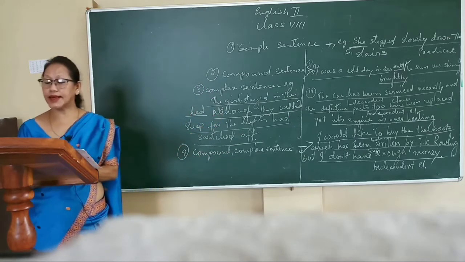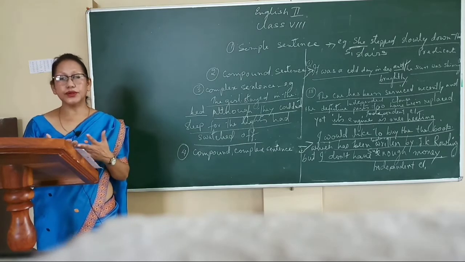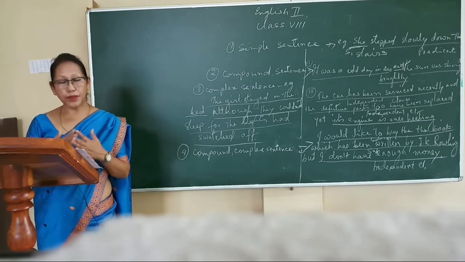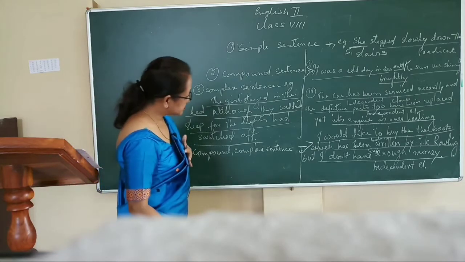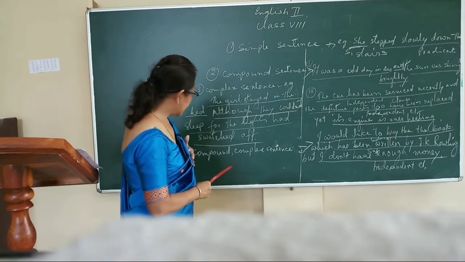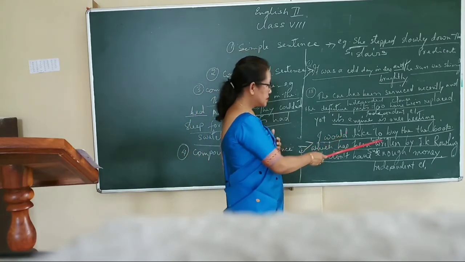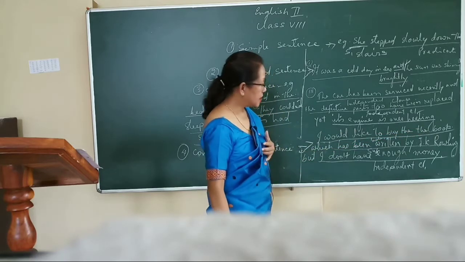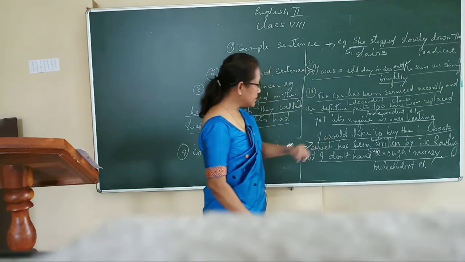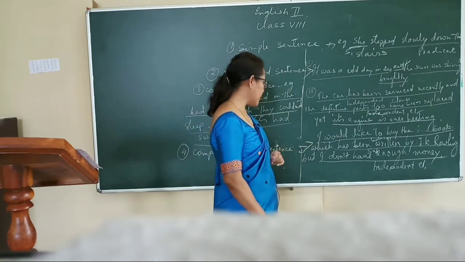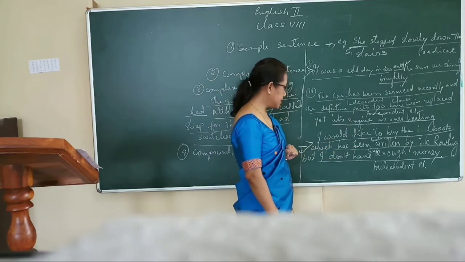A compound complex sentence has at least 2 main clauses and one or more subordinate clauses. Supposing I say, I would like to buy the book which has been written by J.K. Rowling, but I do not have enough money.